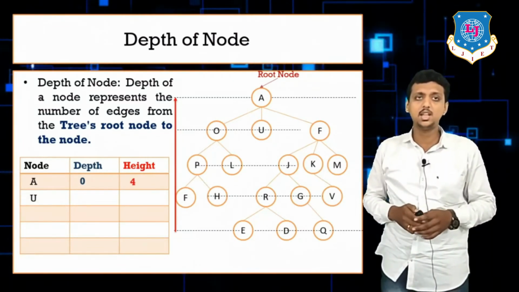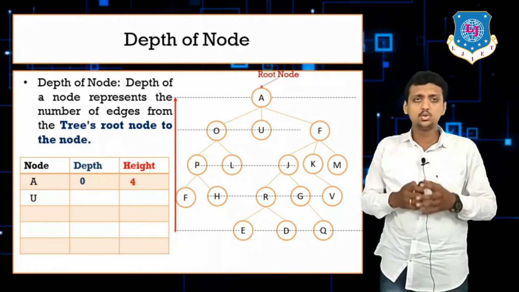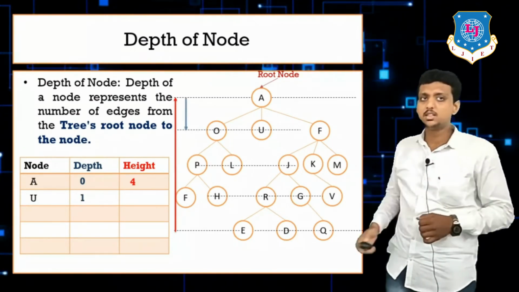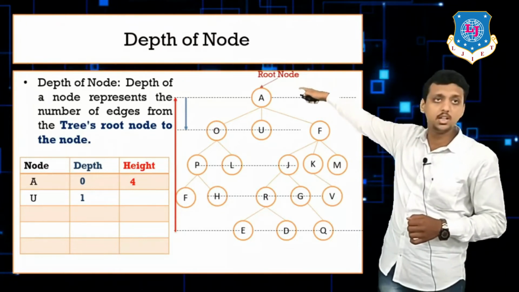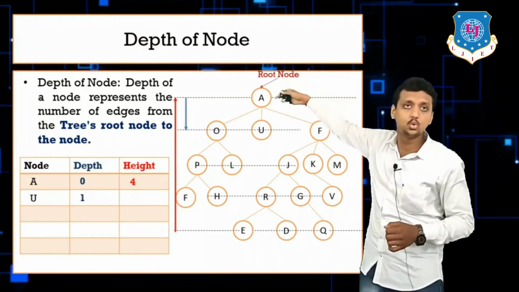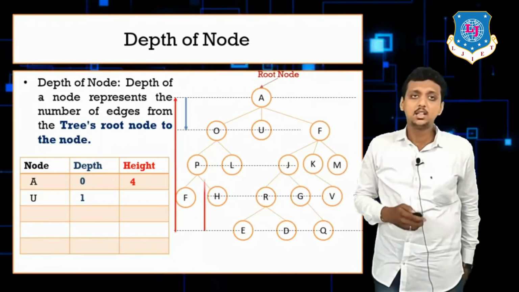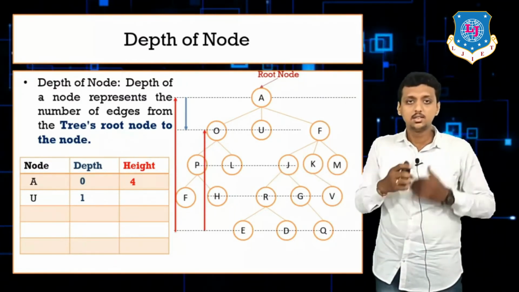Now the next we have U. For the node U, students, the depth is 1, from the root node to U. So the depth is 1 and the height is 3.